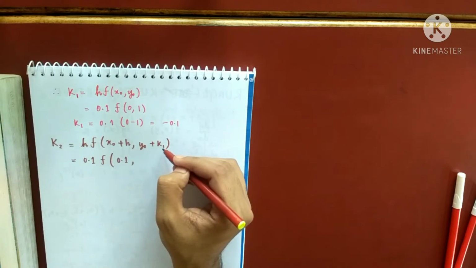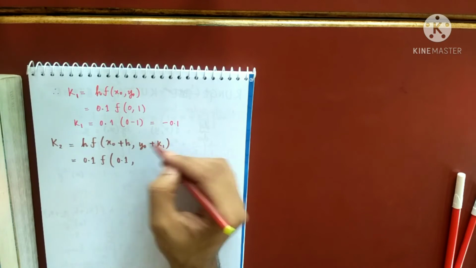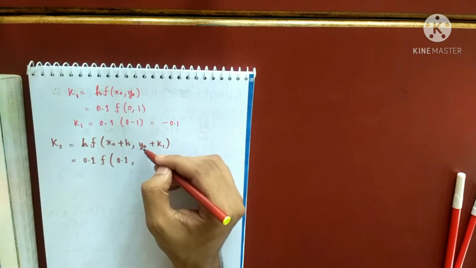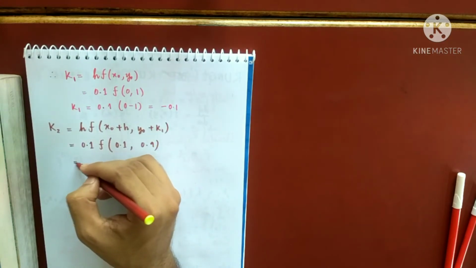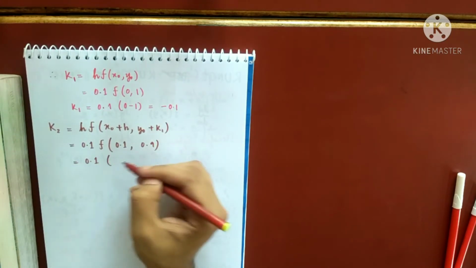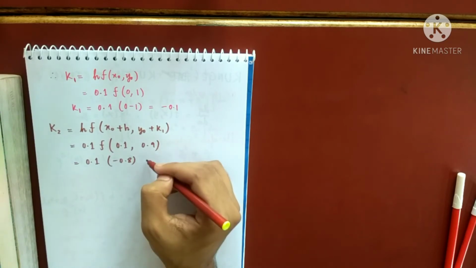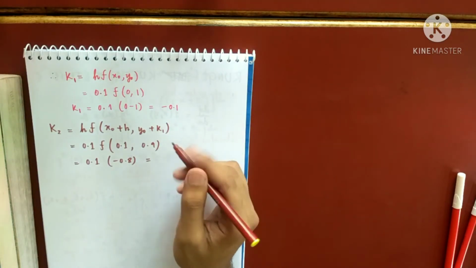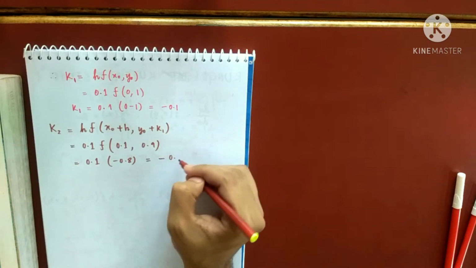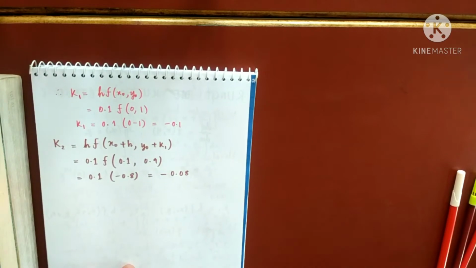And y0 is 1 and K1 is minus 0.1, so 1 minus 0.1 is 0.9. The function is x minus y, so 0.1 minus 0.9 is minus 0.8. So we are getting 0.1 times minus 0.8, which is minus 0.08. Am I clear with calculating K1 and K2?